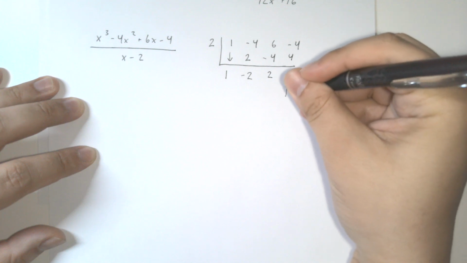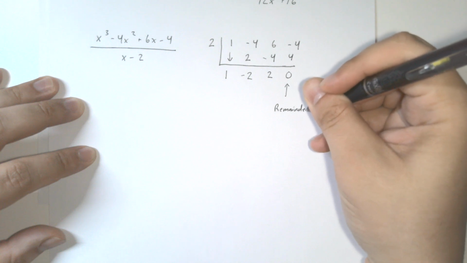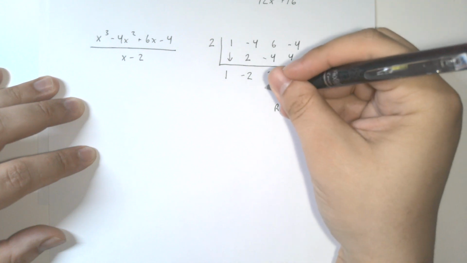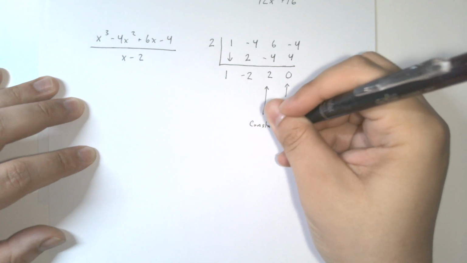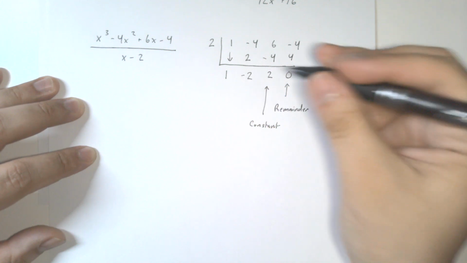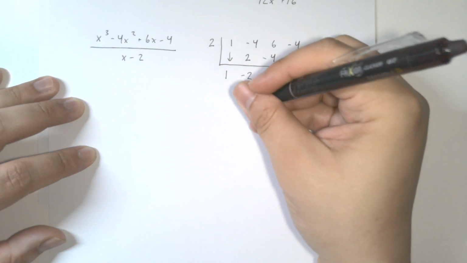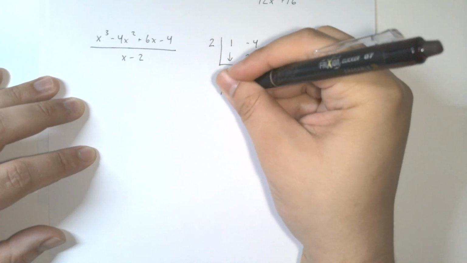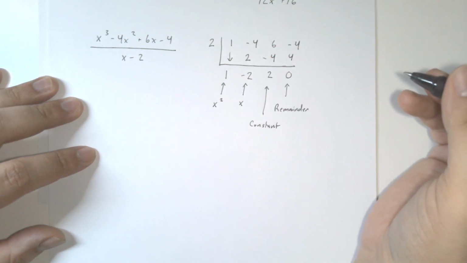This number right here is going to represent our remainder. This term right here is going to represent our constant. This right here, since we're using x, is going to be our x term, and this is going to be our x squared term.